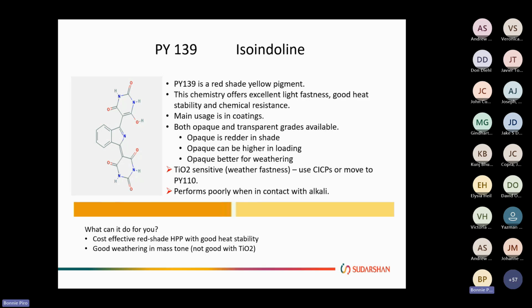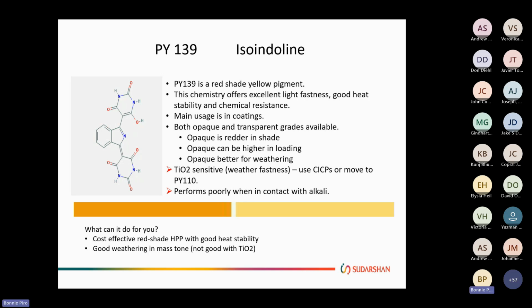Like the Pigment Red 254, this is one of those that is very sensitive to TiO2, especially in all letdown shades. Unlike the Red 254, which was very sensitive in the very, very pastel type shades, this is very sensitive in pretty much all combinations of TiO2.